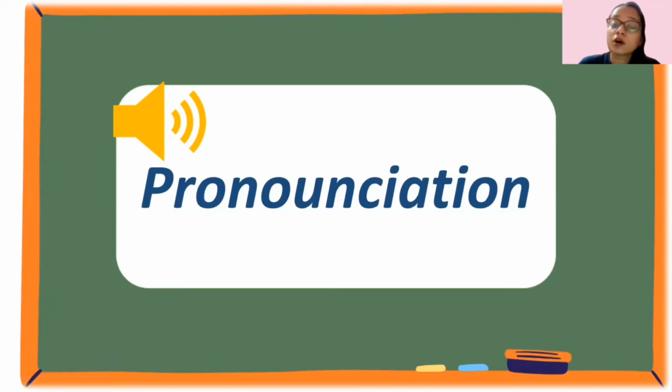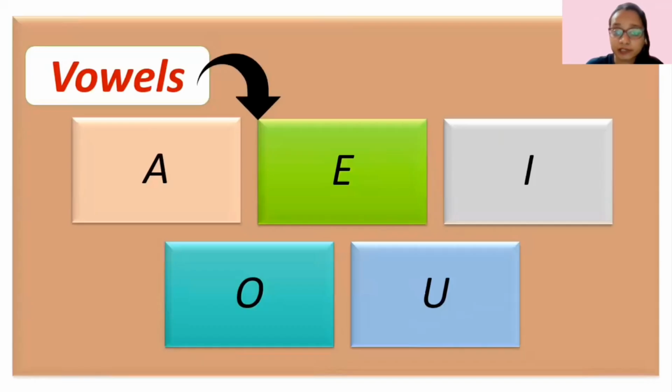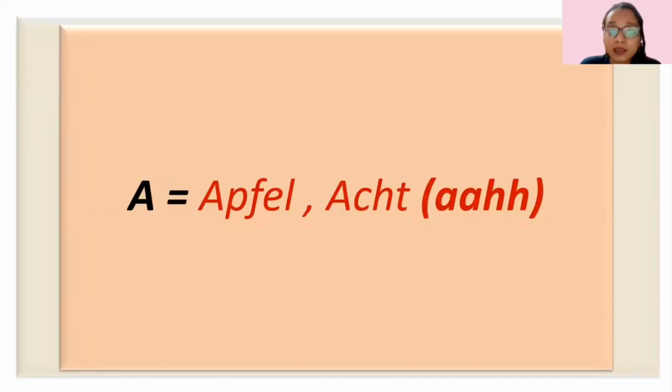So guys, we will now focus on pronunciation, which is very important. You can see here vowels: A, E, I, O, U. These are the 5 vowels. We will start with these. The A sound in German is ah. So Apfel, which means apple.